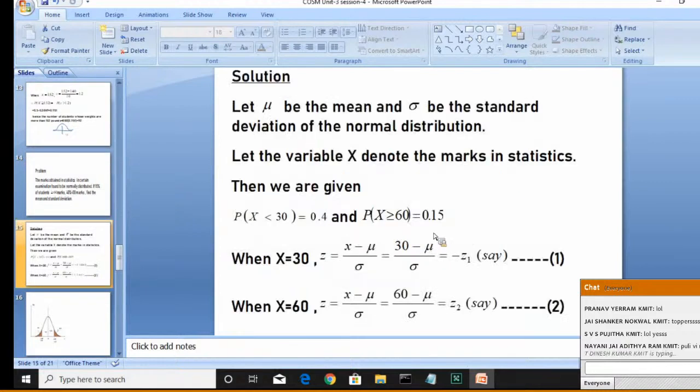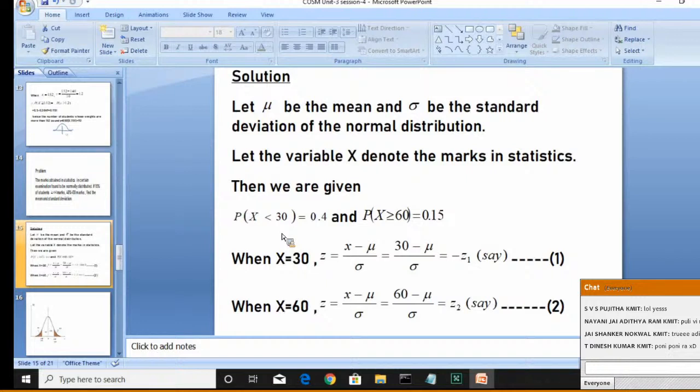So the maximum probability value will be 1. So 40%, 15%, all that we will be writing accordingly. X is less than 30 is 0.4, X is greater than or equal to 60 is 0.15. The value of Z will vary only from -3 to +3.